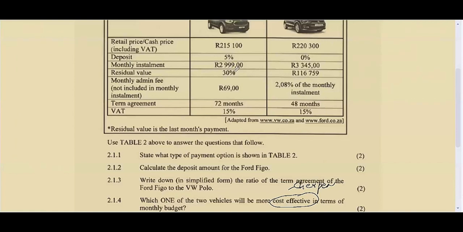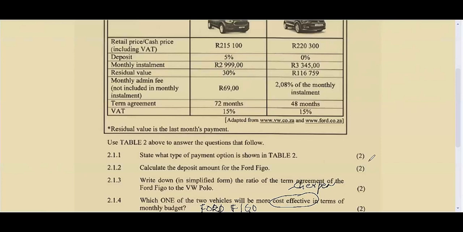Now, looking at the monthly installments for the Ford Figo, we can see that's 2,999. But then we see with the VW Polo, you have to break the bank a little bit further and pay 3,345. So in terms of our monthly budget, we can all agree that the Ford Figo is cost effective, right? So you do not have to spend much per month. So it is the Ford Figo.